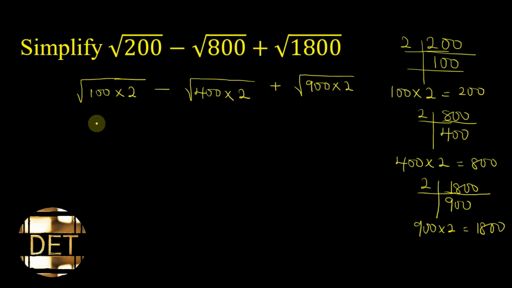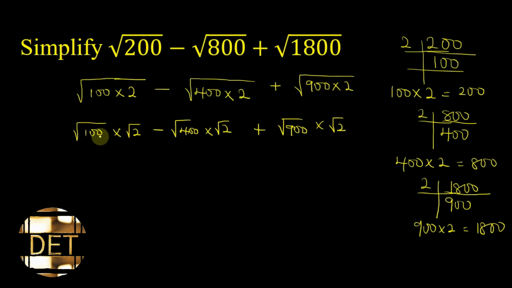So this will be square root of 100 times square root of 2, minus square root of 400 times square root of 2, plus square root of 900 times square root of 2.